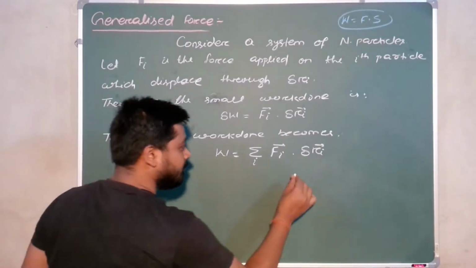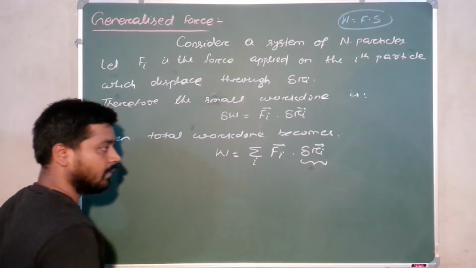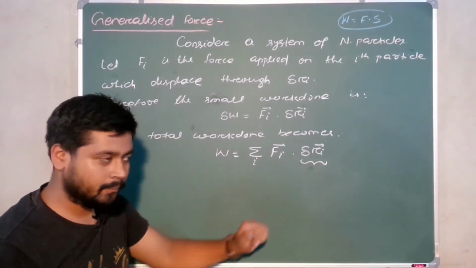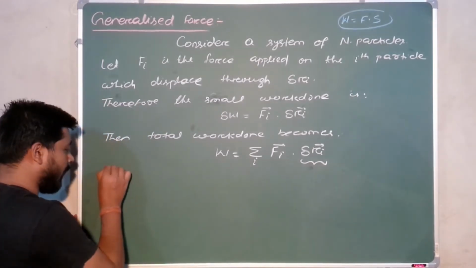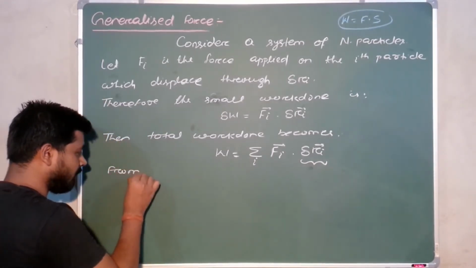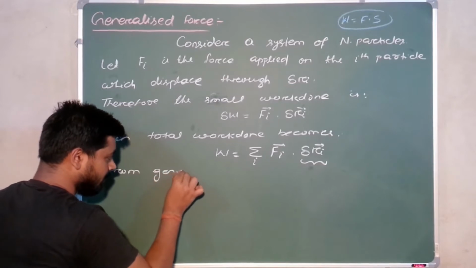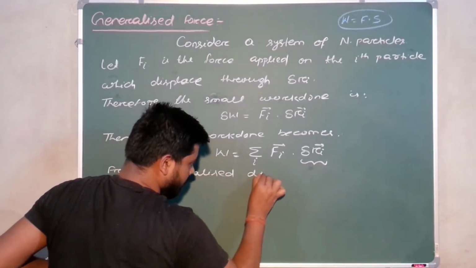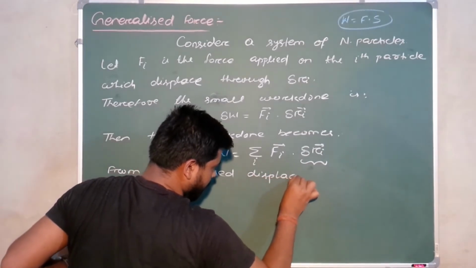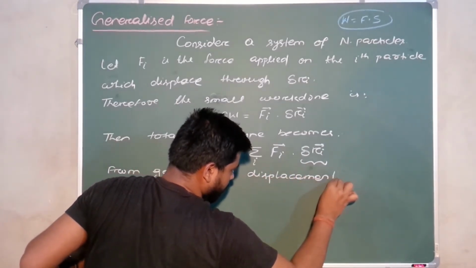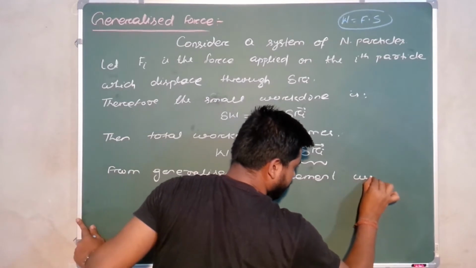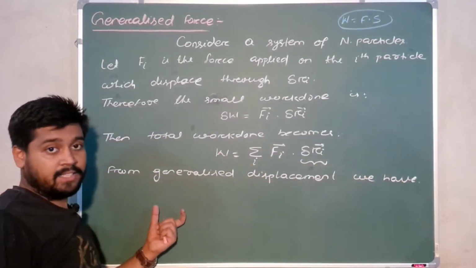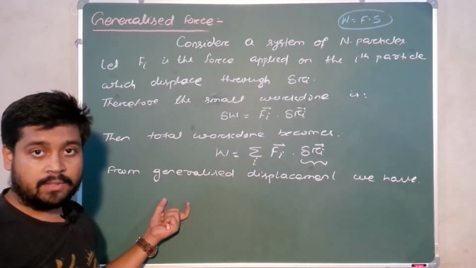Okay, total work done equals sum over i Fi dot delta Ri. Then what is this? This is the generalized displacement. Yes or no? The link of this generalized displacement is in the description, you can go through it.